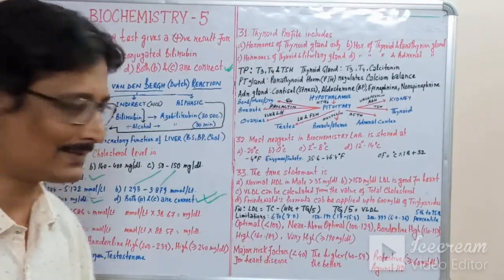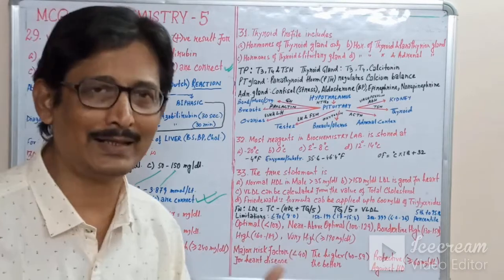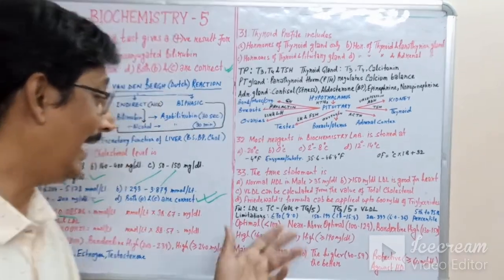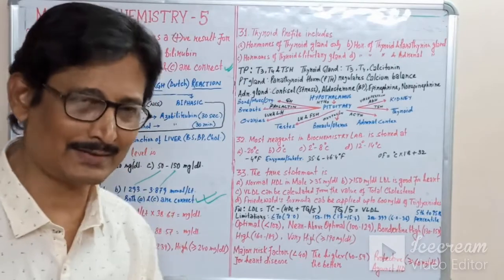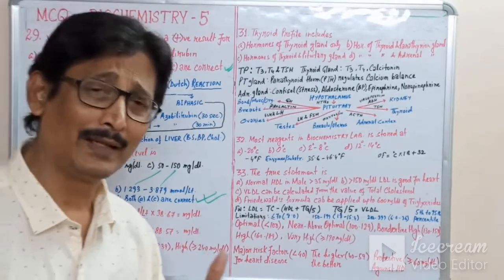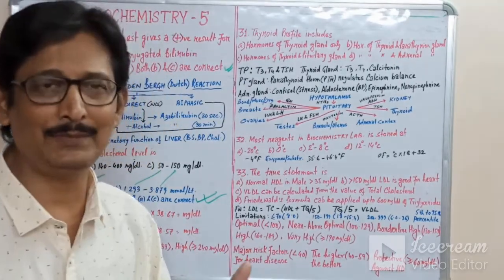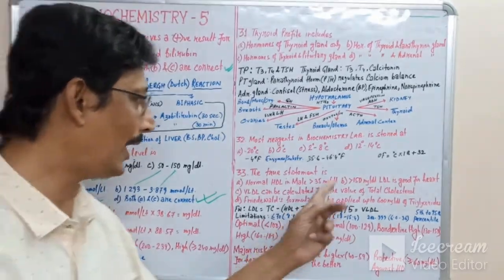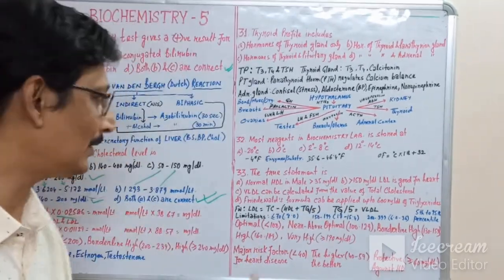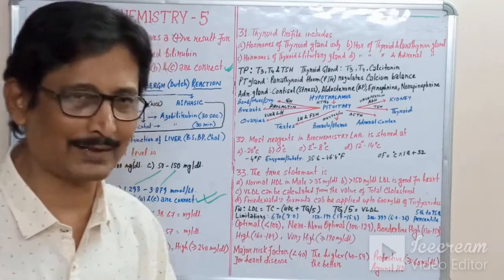High value is considered as 160 to 189 milligram per deciliter, and very high value is considered where the value goes to more than or equal to 190 milligram per deciliter. So again the B option is incorrect. Now the rest one, obviously the A option is the correct option.